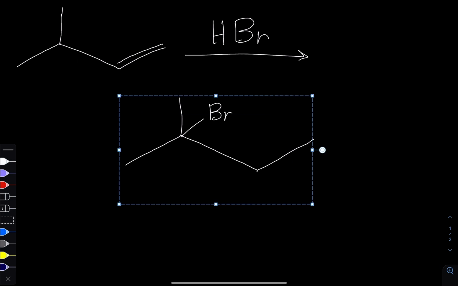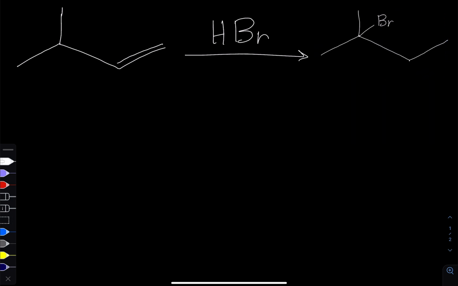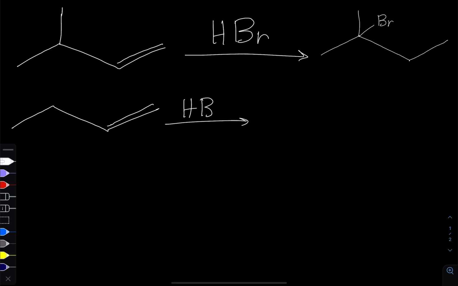So let's go over what the mechanism would look like in a more straightforward problem. So let's say here, right, if you do this reaction on the bottom, you will get bromine on this carbon. However, there are steps here.